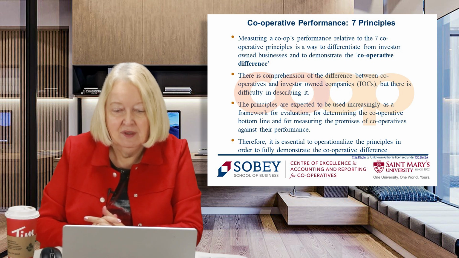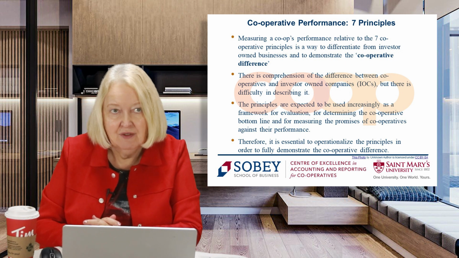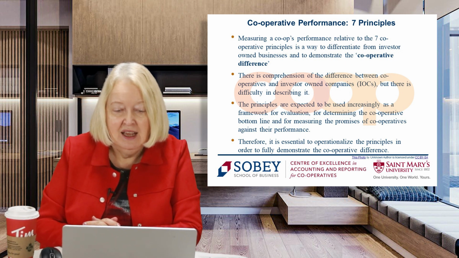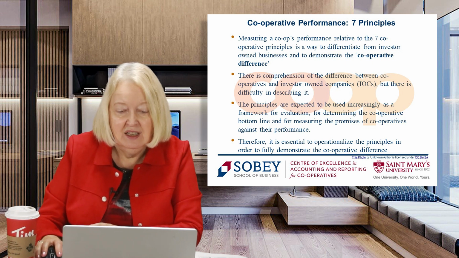But the principles can be used and are being used increasingly as a framework for determining the cooperative bottom line and for measuring the promises of cooperatives against their performance. It's really essential to operationalize the principles in order to fully understand the impact of cooperatives.